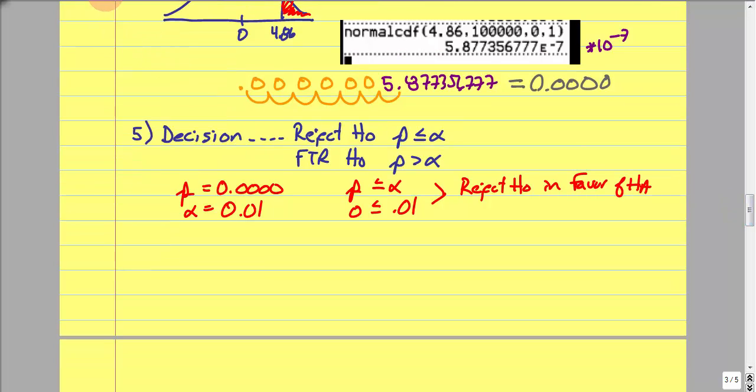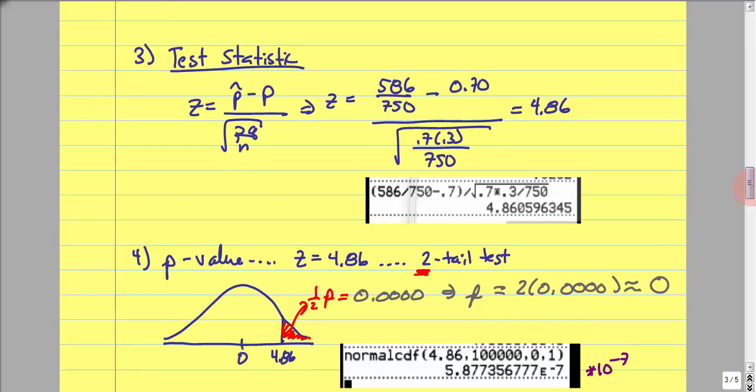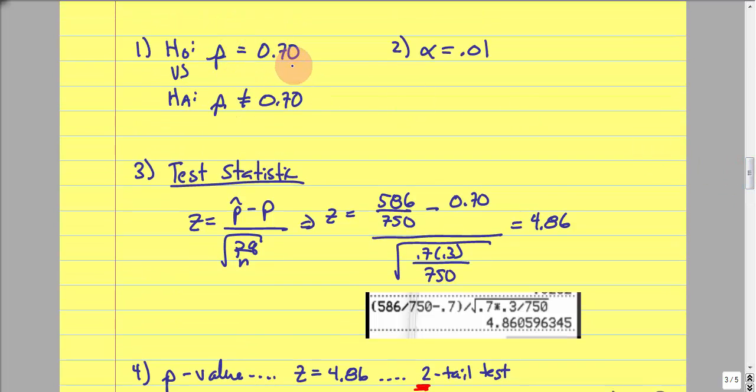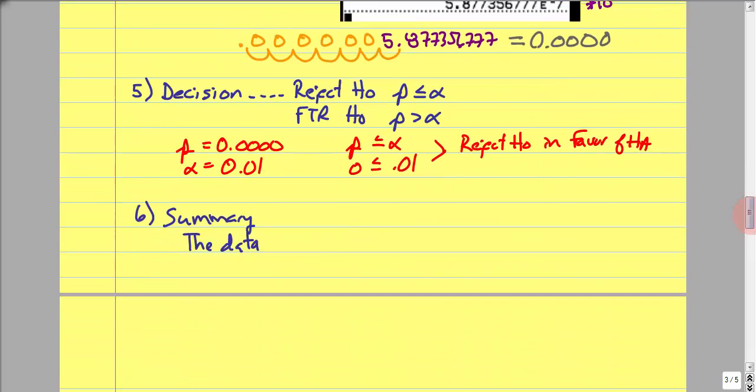Okay, so that's my decision. Next thing I'll do is I'll write a summary or a conclusion. And we always blame it on the data. Now we rejected H0 here, so that means I have support for the alternative because I rejected H0. So I have support for the alternative that the proportion or the percentage isn't equal to 0.70.